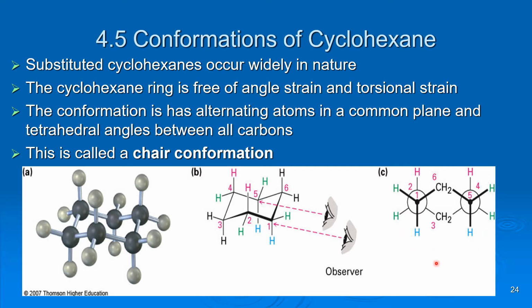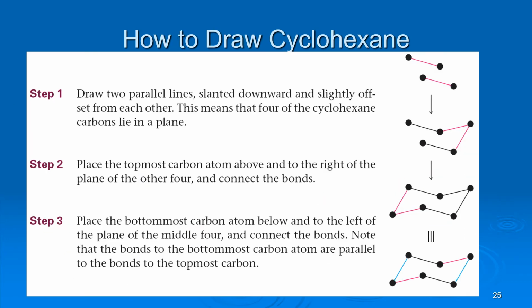And so it's actually 0 torsional strain. It also has 0 angle strain because again, all these bond angles are 109.5. This is sort of what the molecule looks like with the molecular model shape. So this is called the chair conformation.